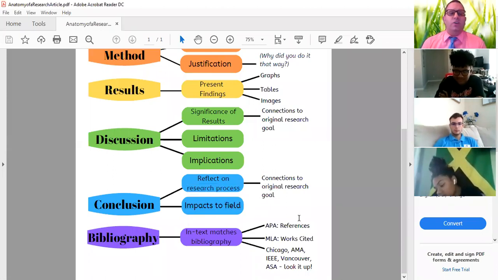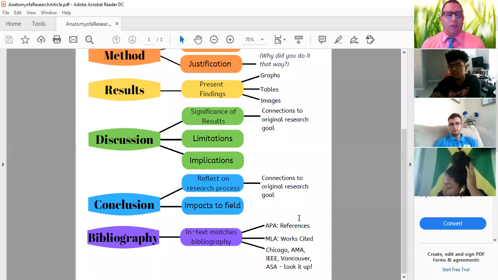So in your conclusion, you might address, like in the example that we looked at Tuesday, where the person was studying night shift workers, okay? Maybe they found that the people that work at night are less alert. And so impacts to the field might be that employers have to schedule additional breaks for those that are working at night. That would be an impact on the field.